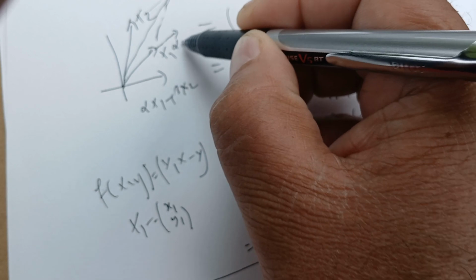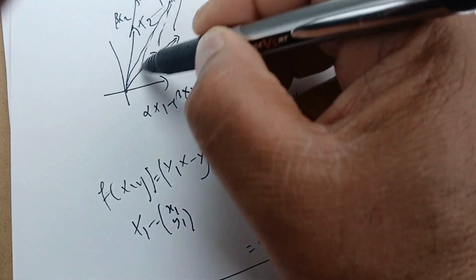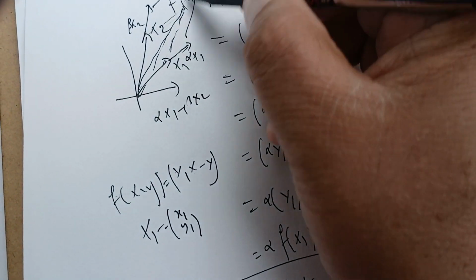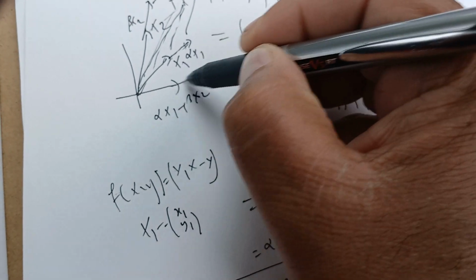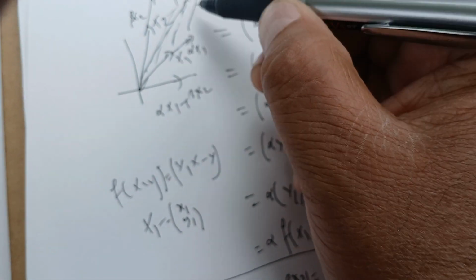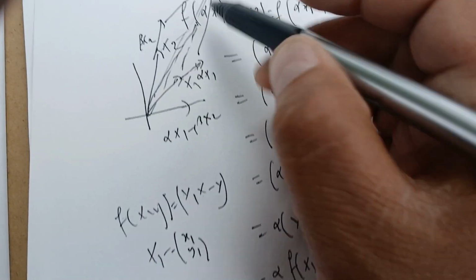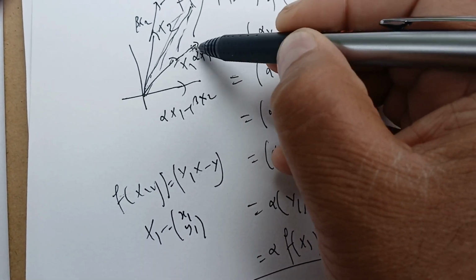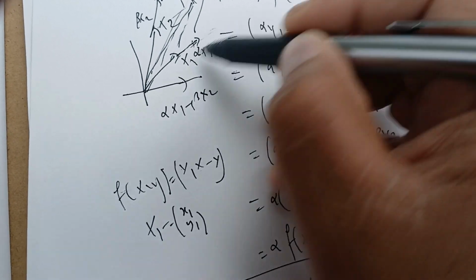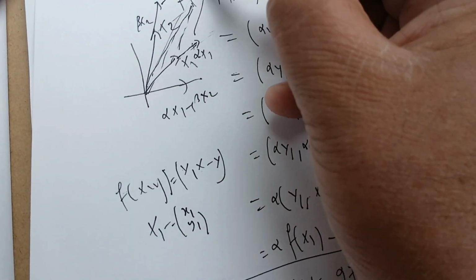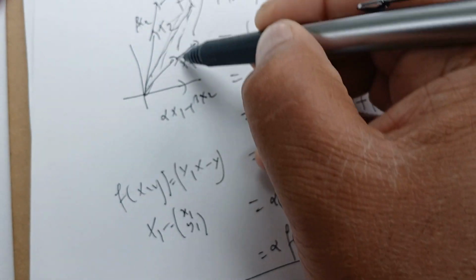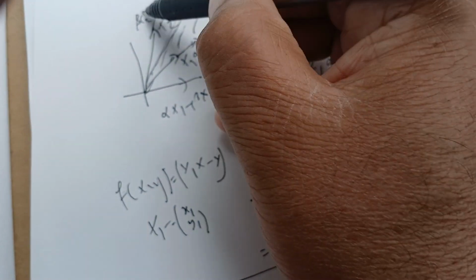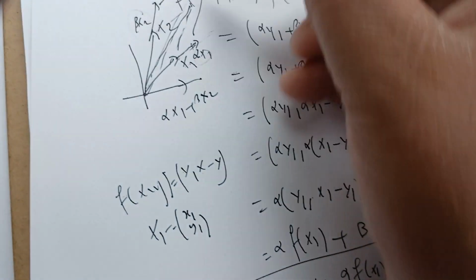Then αx1 and βx2 are stretchings. When I take the image of this, I still have the same stretching. That means that if I stretch the vector by α, the image is stretched by α too. The first component is stretched by α, the second by β, so the image does the same.